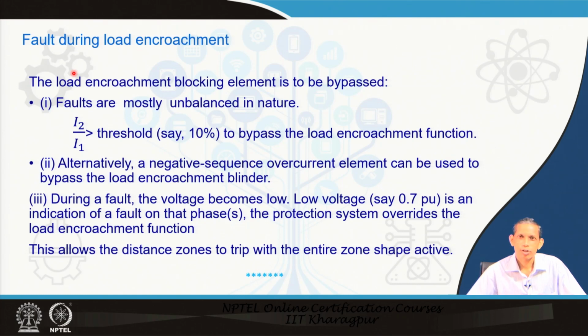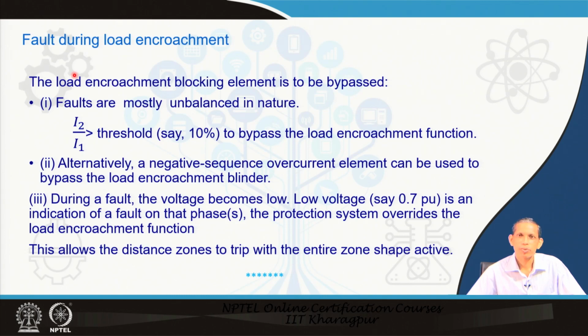Now, there is another issue. If a fault happens during a load encroachment period, try to understand that the apparent impedance seen by the relay is in the load encroachment area, and at that time the relay is blocked because it should not trip.